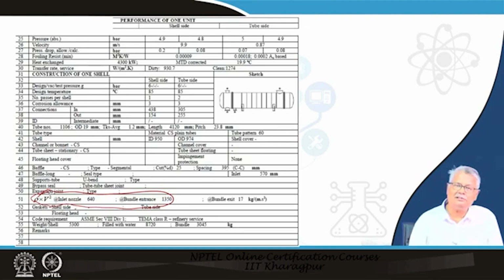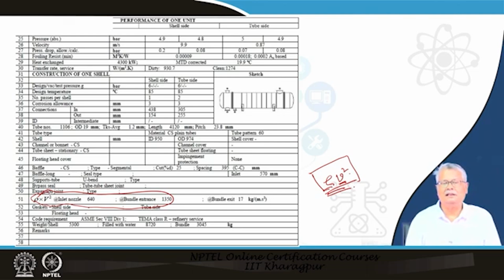The sizing of the nozzle normally is based on the factor rho V square. Depending on what the velocity is and what the density of the fluid is, we have a rho V square value, based on which we decide the nozzle size. This will come and we do later on.